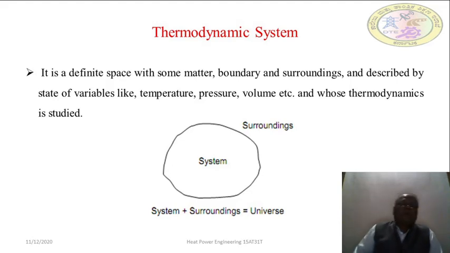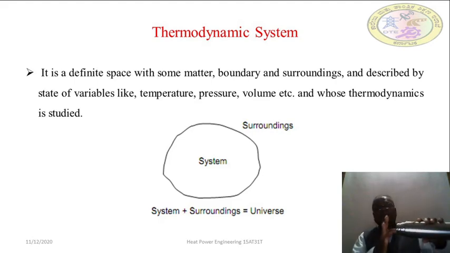To understand it better, I'll consider this as a thermodynamic system. According to the definition, it should consist of some space. The portion inside this flask or metal casing is the space.